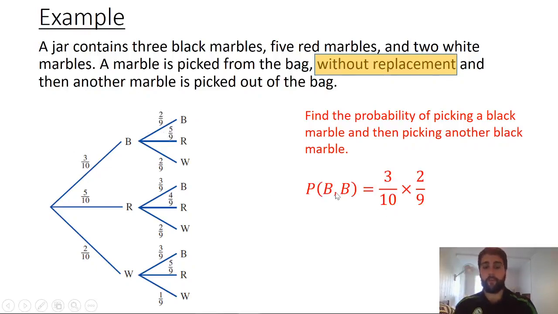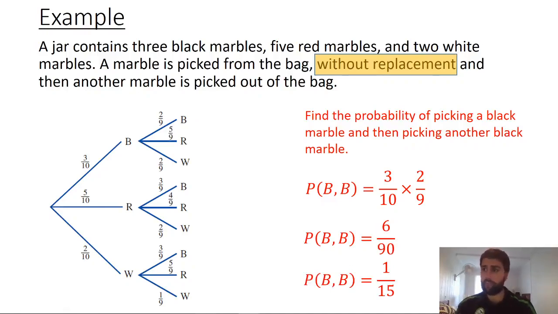So if we're trying to find the probability of getting a black and a black, we're going to multiply those two probabilities on the branches together. It's going to give us 6 over 90. And if we simplify that down, we can write that more simply as 1 out of 15. And we'll see that probability is quite different to what we worked out in the previous example where the marbles were replaced. Guys, that is dependent events.